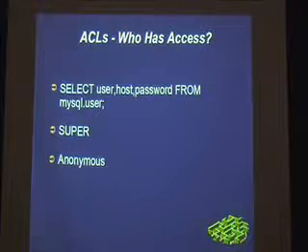You want to be sure that you look out for people with the super privilege. You want to make sure that there's at least one person with that privilege, because that allows you to go in and do maintenance things, particularly when max connections is reached. People with the super privilege can actually log in. You can have one extra connection beyond max connections, and it has to be someone with the super privilege, and they can go in and kill processes or whatever is trying to kill the system.